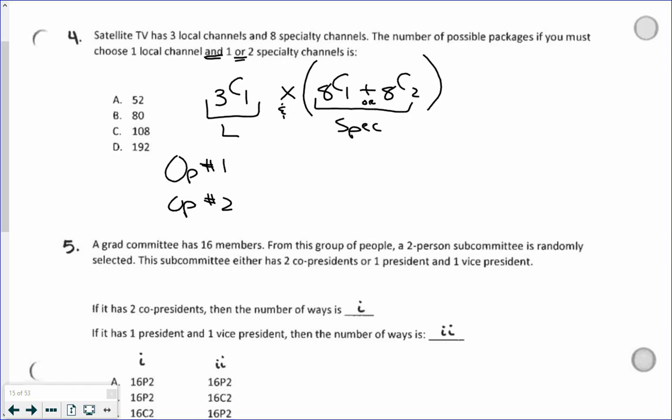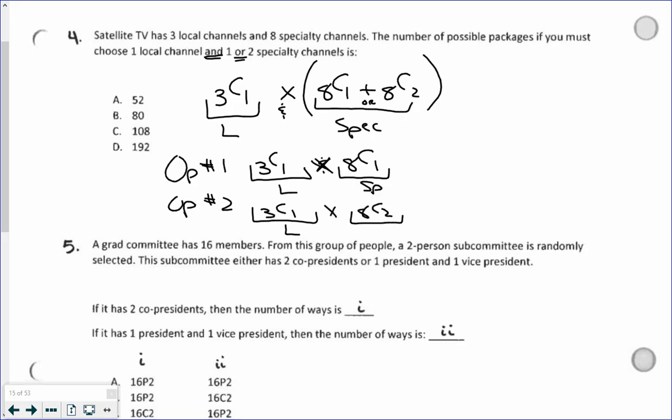Option number 1, you're going to select 1 local and 1 specialty. Option number 2, you're going to select 1 local and 2 specialty. And you're either going to do this or this.